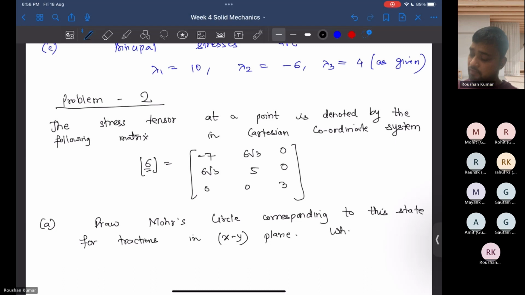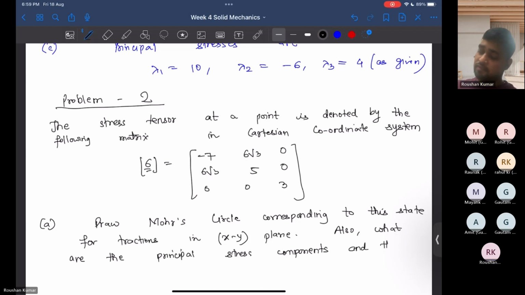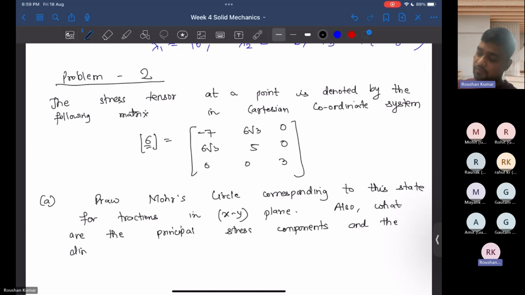Also, what are the principal stress components and the direction of principal planes?